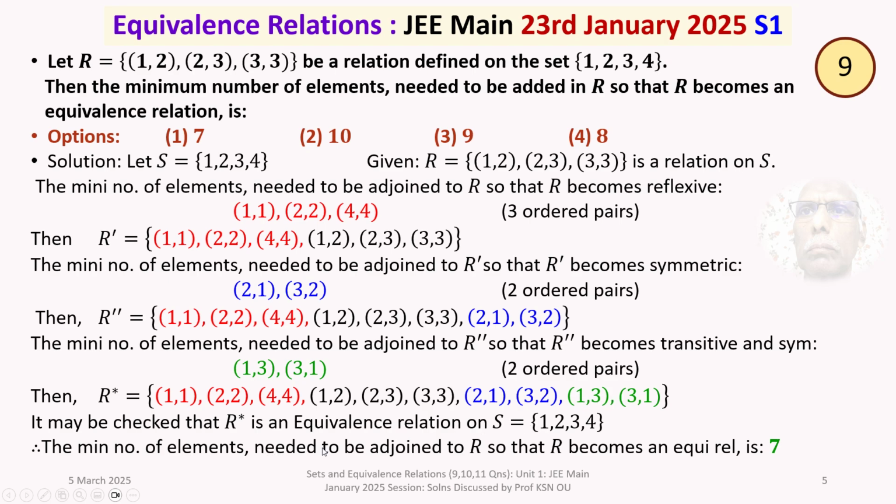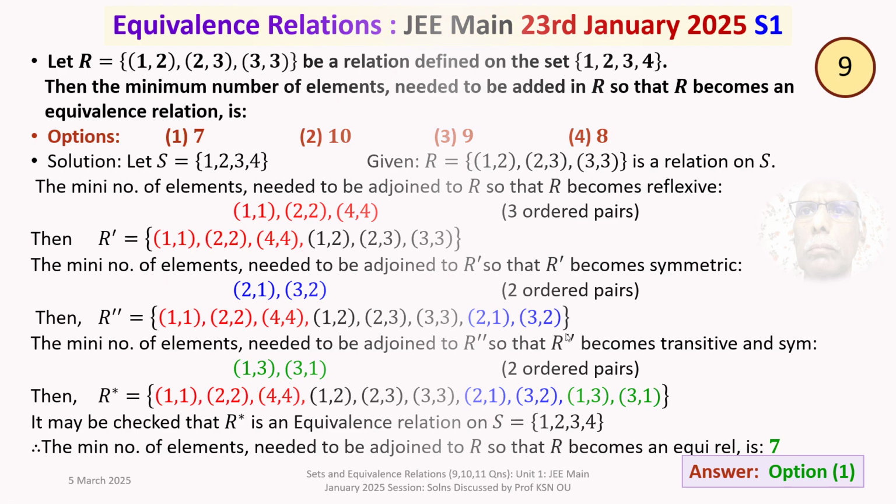So let's look at the options. Our answer 7 appears against option 1. Therefore, the answer to this question is option 1. That is the detailed discussion of the solution of this problem. It is definitely an easy problem.